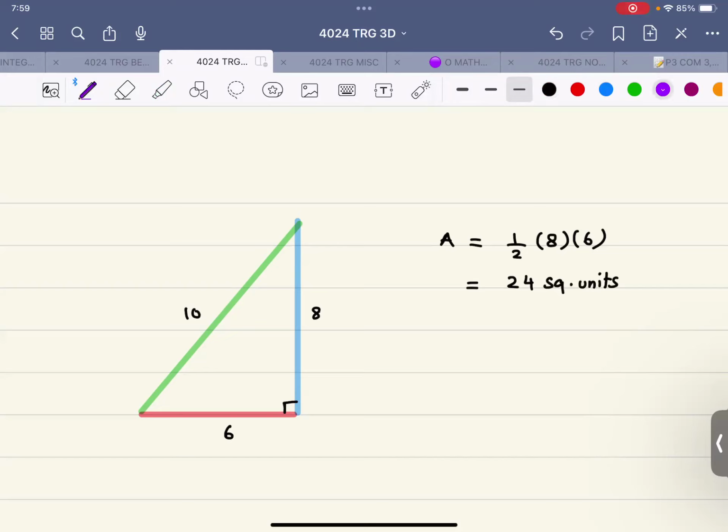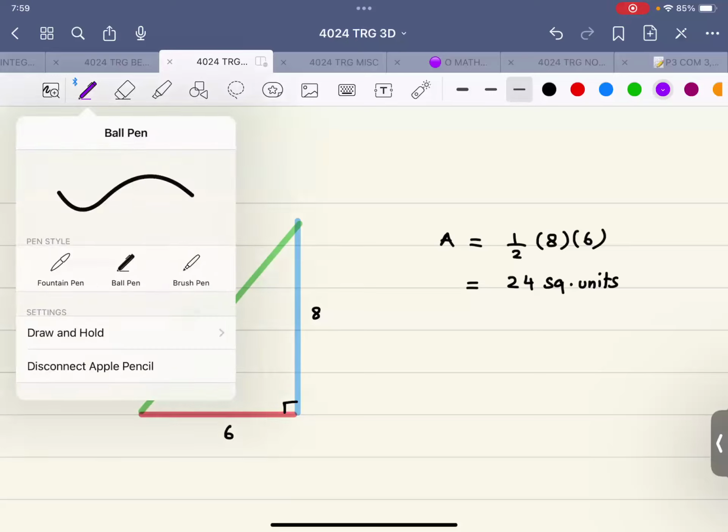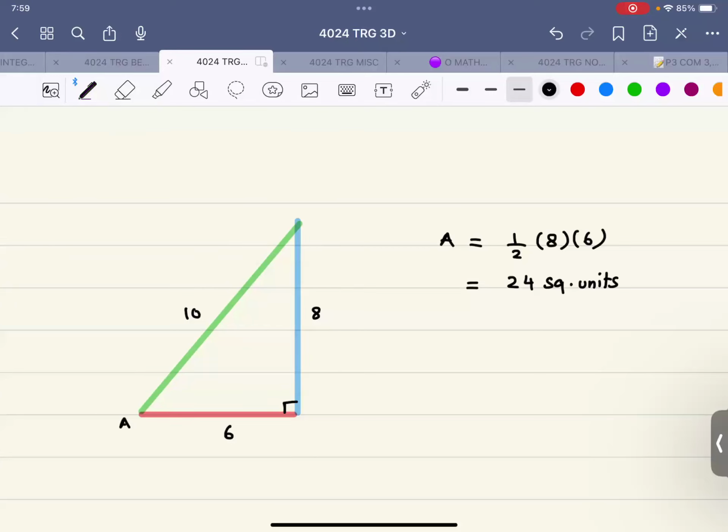Now let's say, let me label it first. This is A, this is B, this is C. Let me draw a perpendicular from B all the way to the line AC. So I'm drawing a perpendicular like this. Let me make it more accurate.